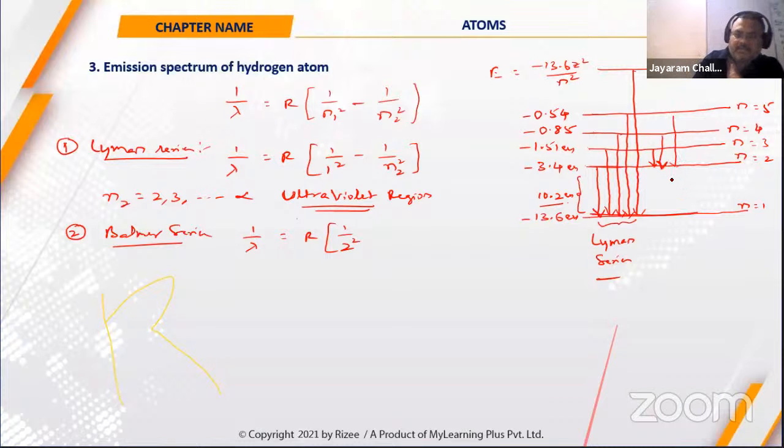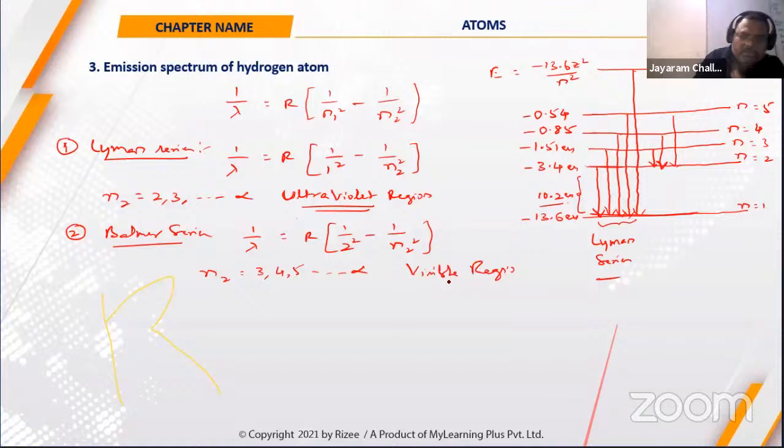So there will be 1 by 2 square minus 1 by n2 square, where you can take the n2 values starting from 3, 4, 5, and so on up to infinity. The Balmer series will be in the visible region.